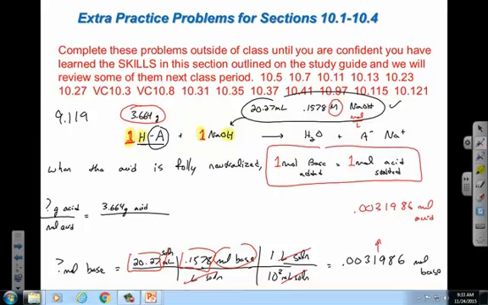And so I can put that here to get the molar mass. It comes out to be 1.1, and since I'm limited to 4 sig figs, 6 times 10 to the third grams per mole.